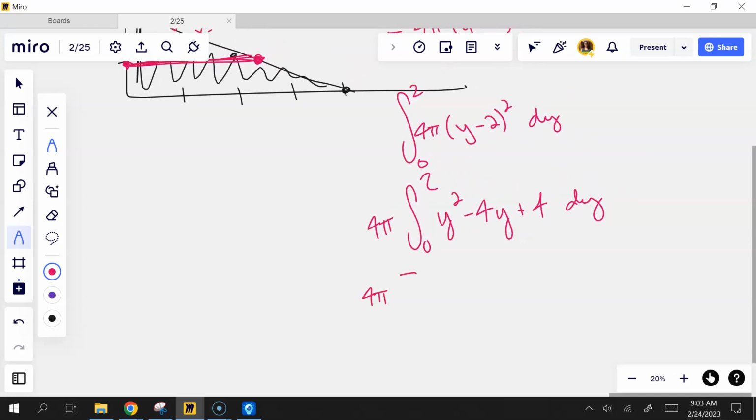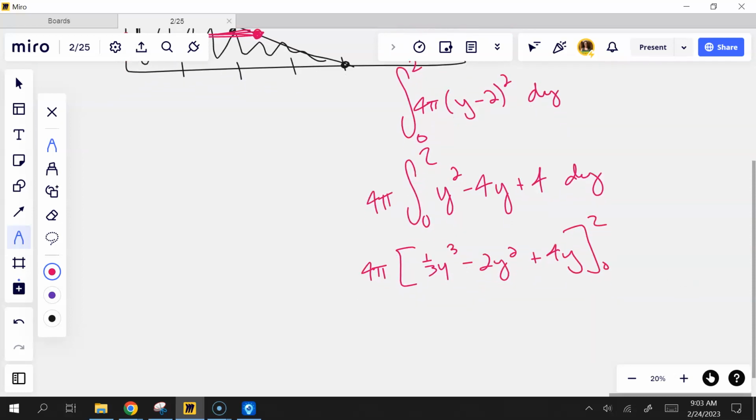So 4 pi times, I've got 1/3 y cubed minus 2y squared plus 4y, going from 0 to 2. The 0 is nice because I don't have to really do anything with that one, so I'll have 1/3 times 2 cubed minus 2 times 2 squared plus 4 times 2.